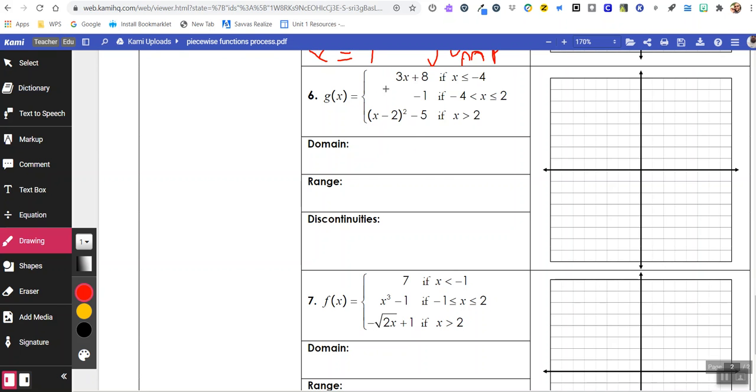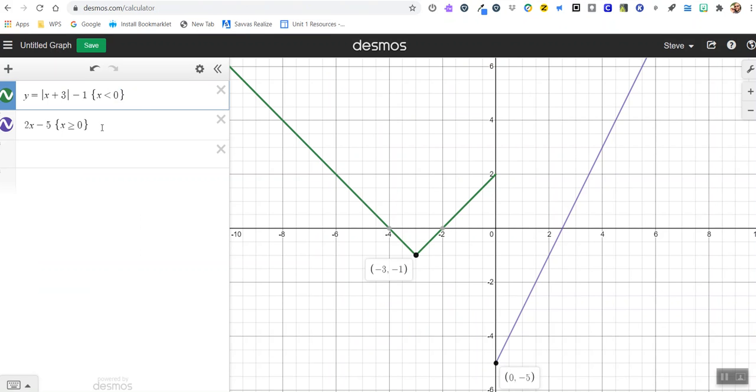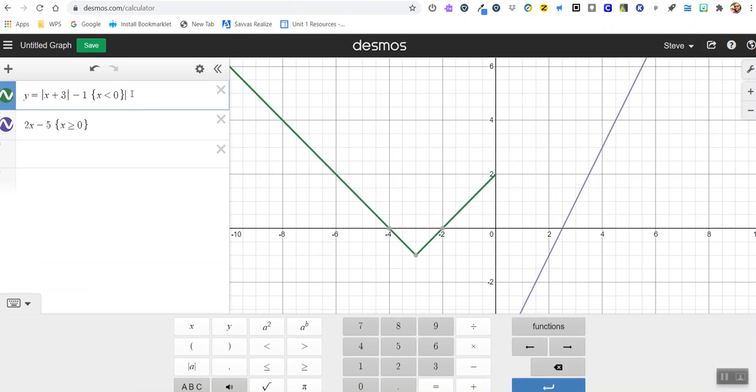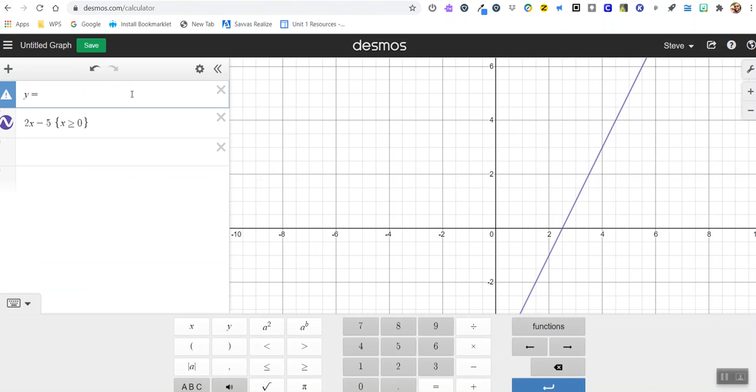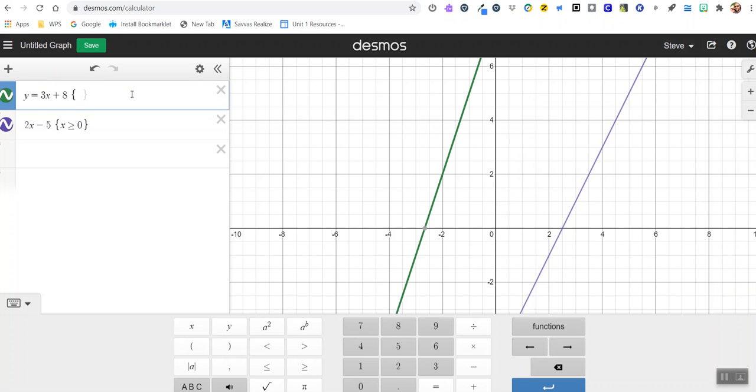6 is crazy because there's 3 parts, and you can see this right here. So we use decimals to graph the 3 parts. If we go right here, the first part looks to be linear. So y equals 3x plus 8. And this is good when you have a squirrely bracket when x is less than or equal to -4, right?